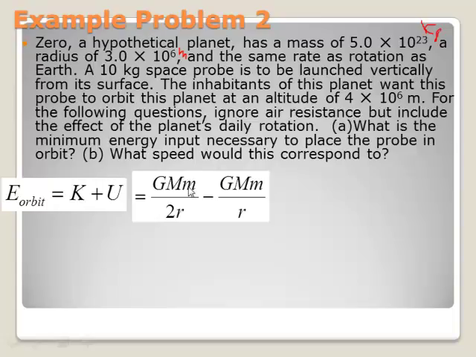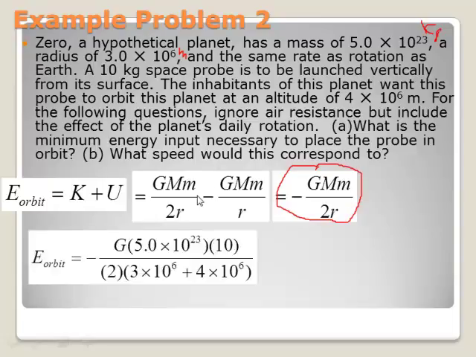So the kinetic energy minus the potential energy, because the potential energy has a negative sign in there. And actually, this is kind of important. The mechanical energy of any object in circular orbit will be equal to this expression right here. So I wouldn't necessarily memorize that, but you should be able to derive it.